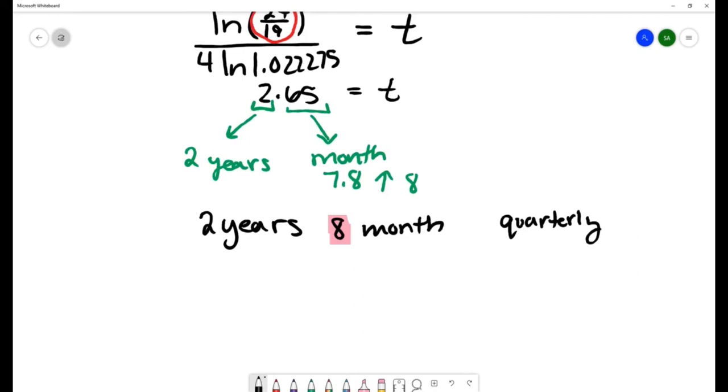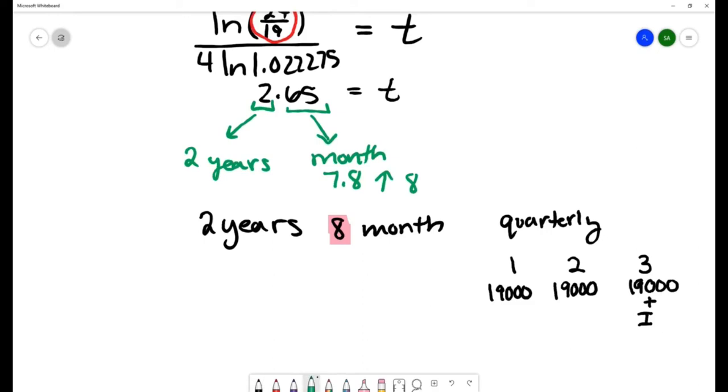So just to explain it in a little bit more detail, let's think about the first few months of the existence of our account. We make an initial investment of $19,000. So in the first month, we're going to have $19,000. In the second month, we have $19,000. And then in the third month, we're going to have our interest payment added. That's going to be $19,000 plus whatever that interest calculation is going to be.